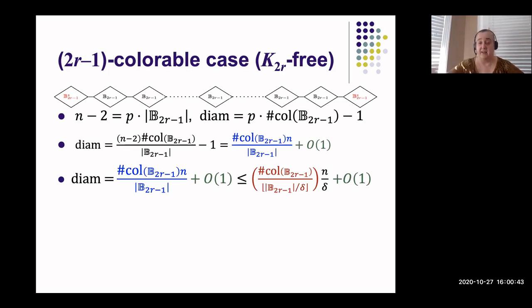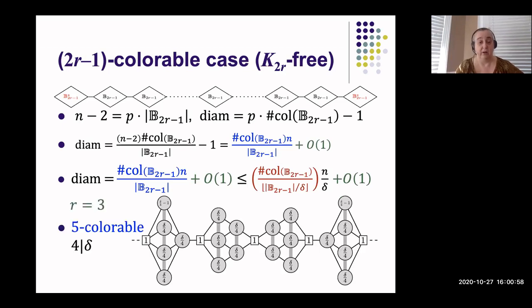The diameter is the number of columns divided by how many times delta fits in the number of vertices, times n over delta plus big O(1). Can we have a good enough block?